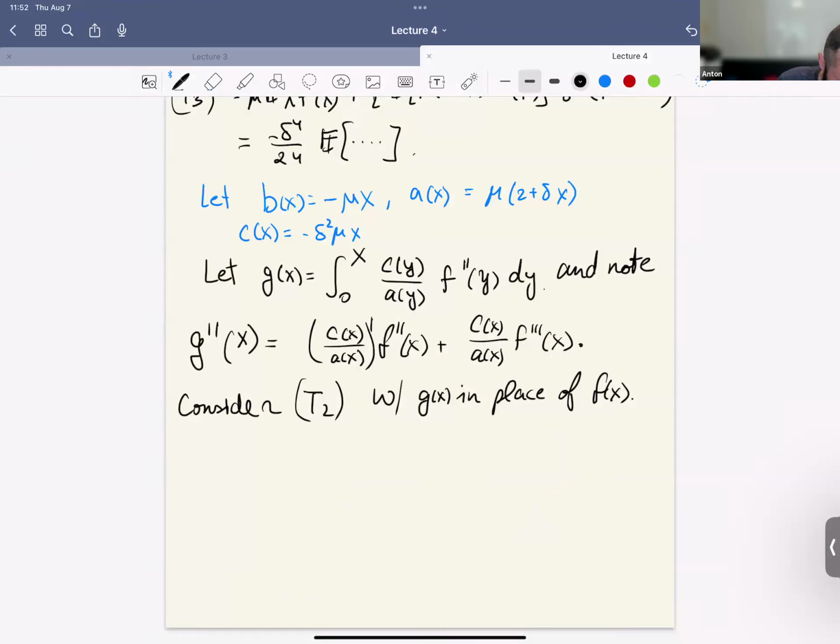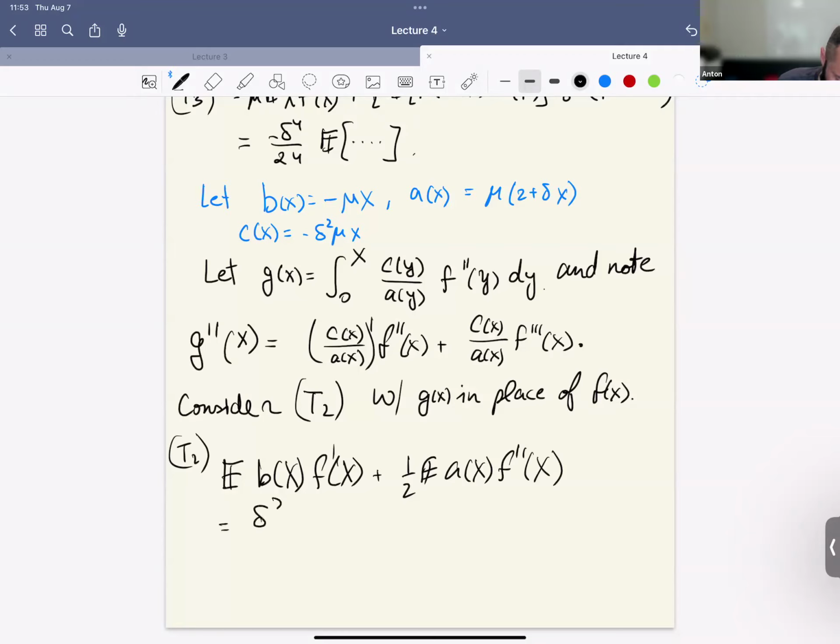I've got my T2 says that expected value b of x f prime plus 1/2 expected a of x f double prime equals delta cubed over 6 expected value something third order.